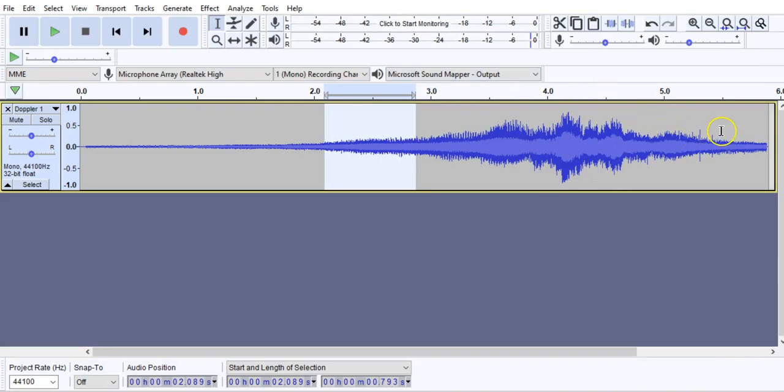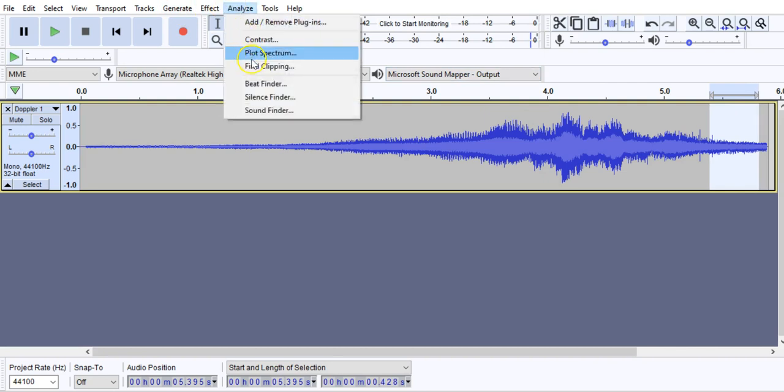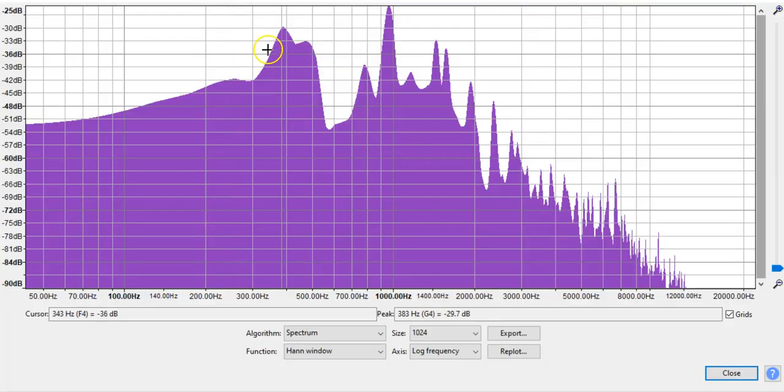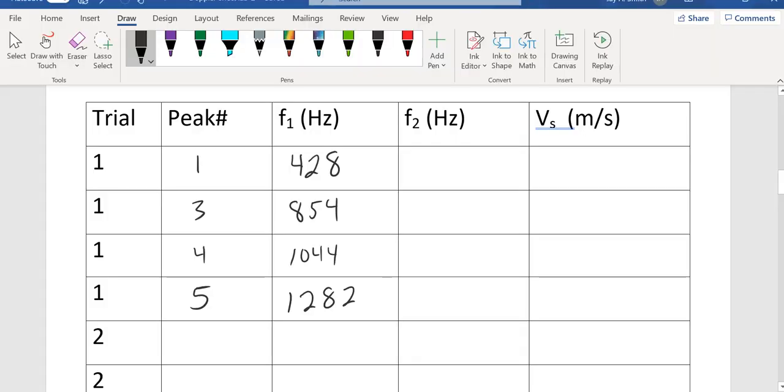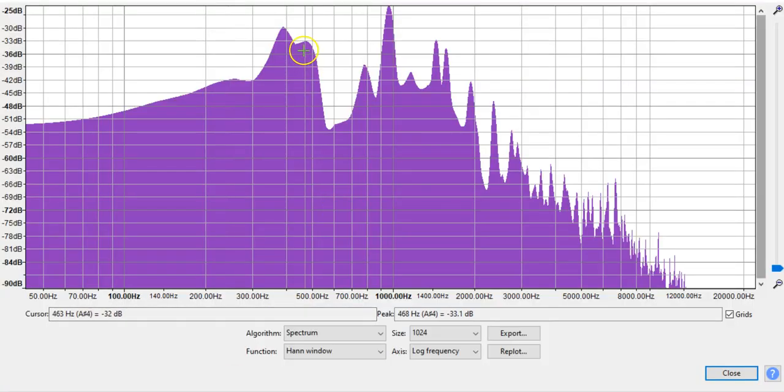Now we have to listen to a sample on the back side, and we're going to analyze that. Plot the spectrum. Here we come to the first one. It looks like we're getting a frequency right around 389. Then we go to the third one, since we skipped the second one.